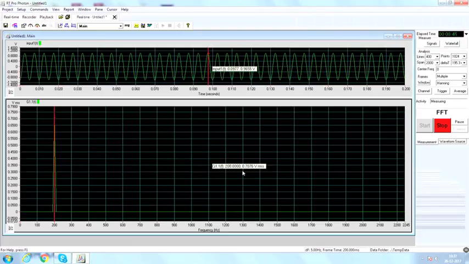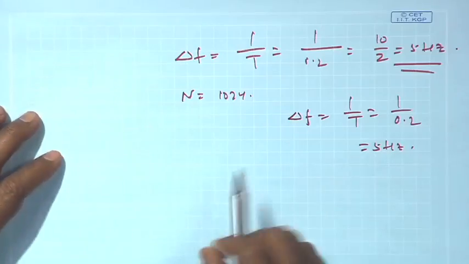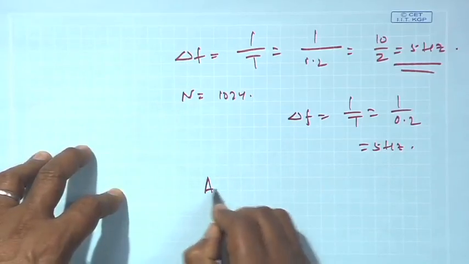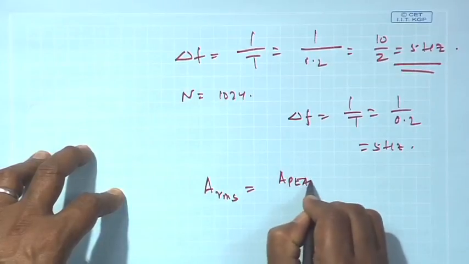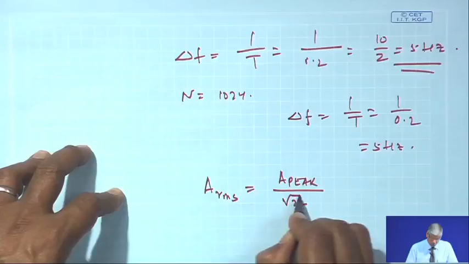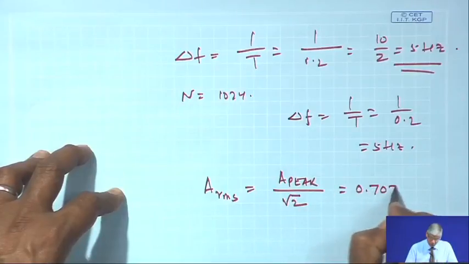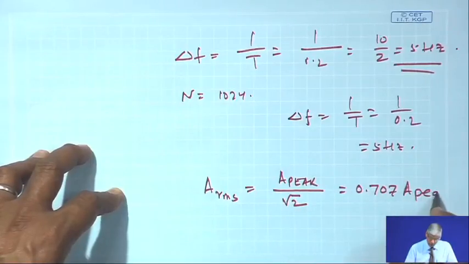So, at 200 hertz, I have RMS as 0.707, because I said A RMS is nothing but A peak by root 2, that is 0.707 A peak.